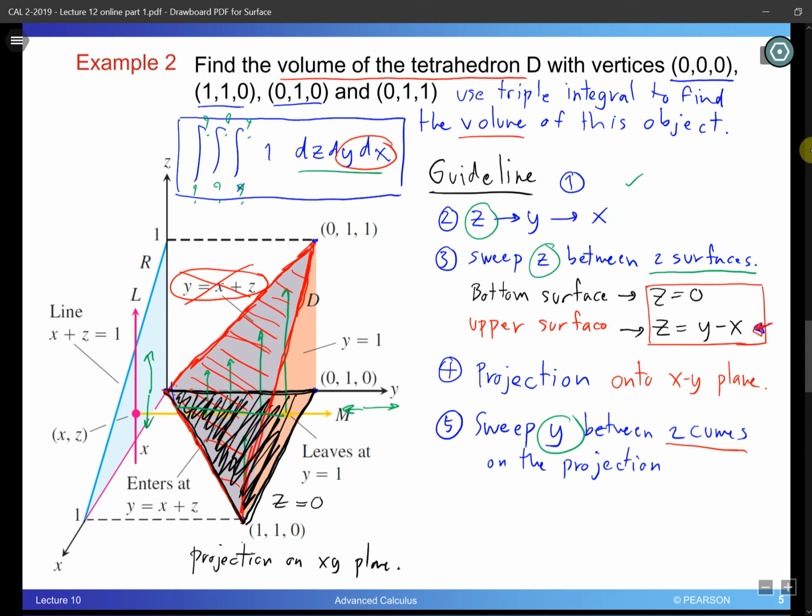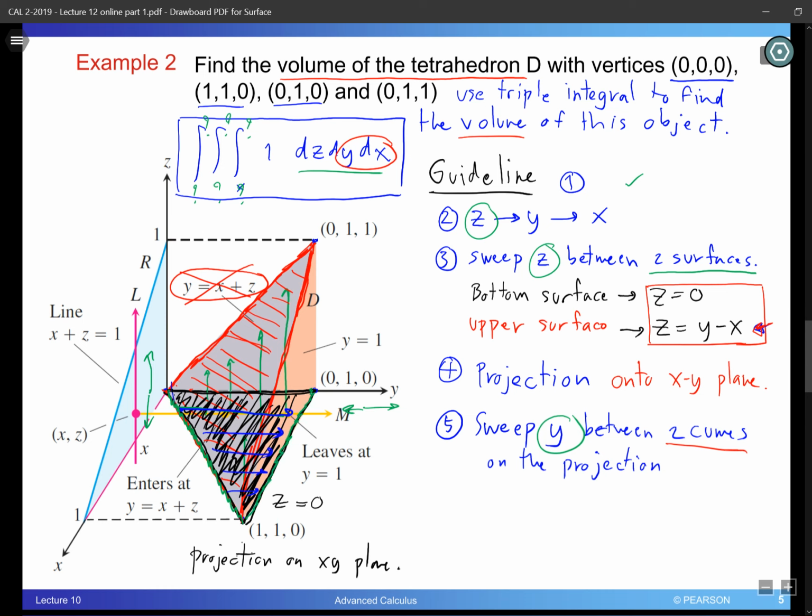I'm going to use a different color now. From this side to the other side, sweep y like that. And you can see that it starts from this line, the left curve, to the right curve.